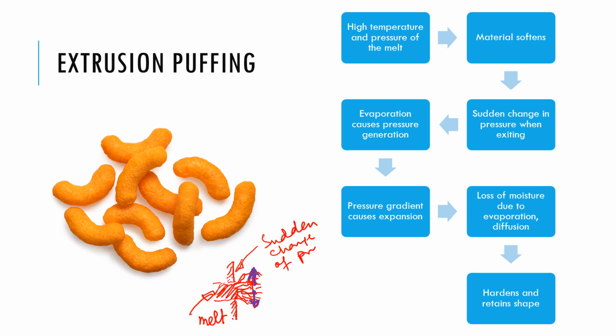So that leads to expansion, and then simultaneous drying and change of the material. The material becomes more glassy and hard, so that sets the final shape. So again, they are similar.